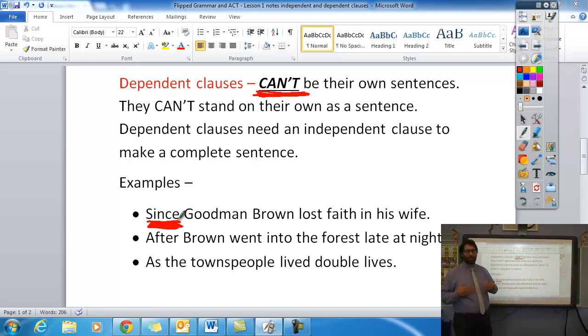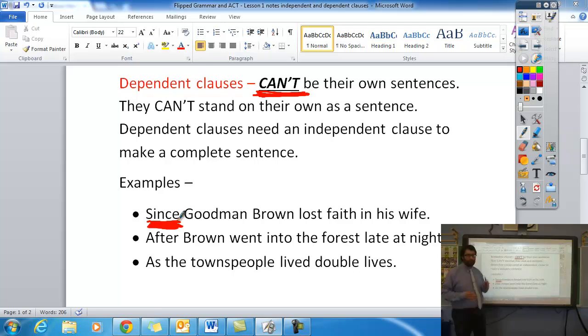As the townspeople lived double lives. Again, it's an incomplete thought. It's a dependent clause. It can't be its own sentence. It can't stand on its own. Because if I wrote this in my paper, you'd expect me to finish that thought. You would say, well, what was happening as the townspeople were living double lives?